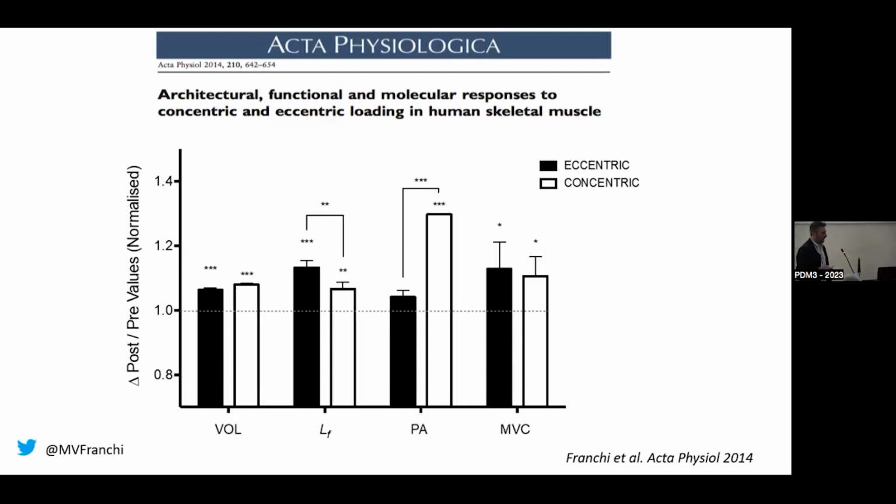But you also have a similar increase in muscle volume, so similar increase in muscle size and hypertrophy, but brought by two different architectural remodeling strategies. The fascicle lengthening increase is promoted more by eccentric exercise, by the lengthening exercise, and the concentric one instead produces greater increases in the pennation angle.